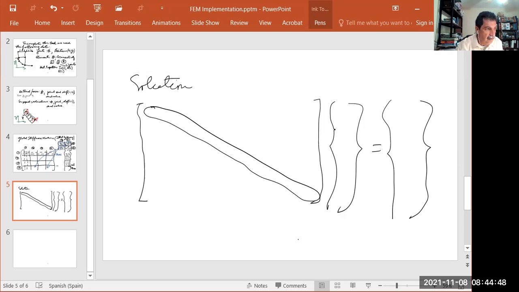So if I say 4th joint, this element here is 4 minus 1 times 3. So this is 9.